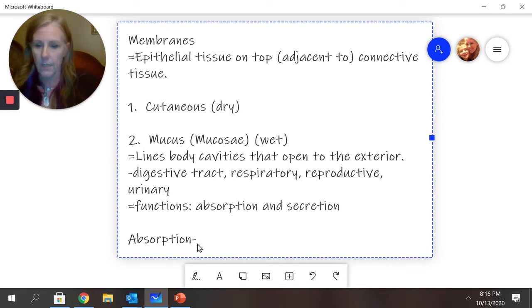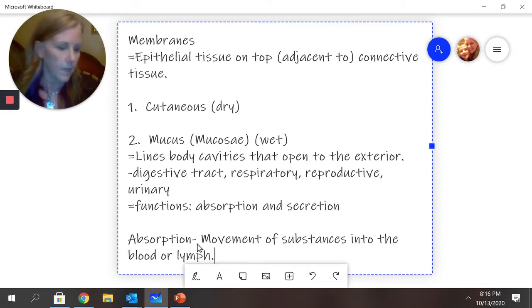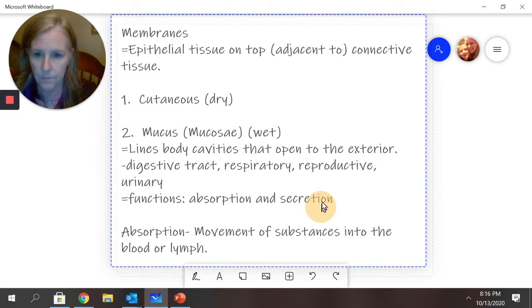So absorption is the movement of substances into the blood or lymph. Okay, so we're getting it into those tissues, into those vessels.